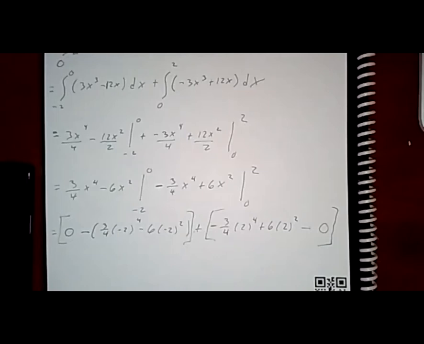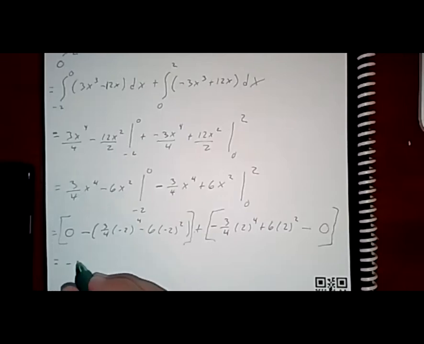Okay. -2 to the 4th, that's what, 16, right? 16 times 3/4, that would be what? That 12? 16 over 4, so this is a -12. Well, I should say minus is outside, right?